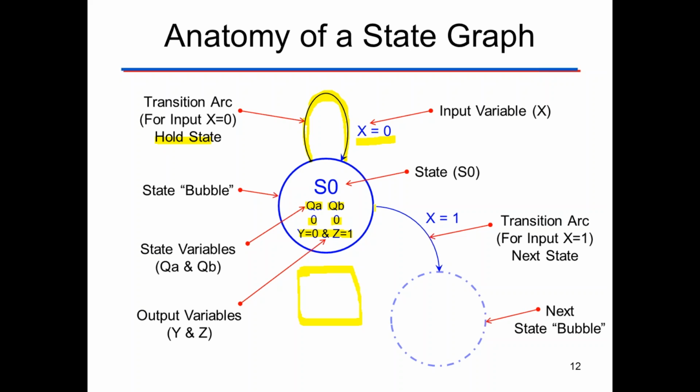Then a state has a second state, which comes into play when we build the transition table, and we call this one the next state or the transition arc. Based on some input changing, in this case X going from a 0 to a 1, it would cause us to go to the next state. Down here would be state 1. That's the basic anatomy of a state graph.